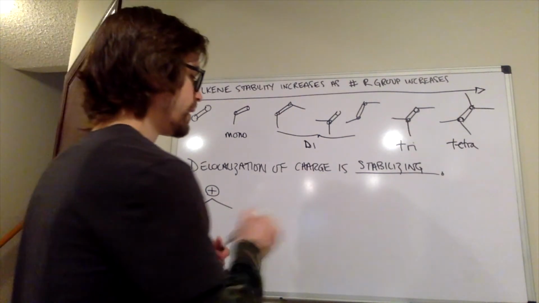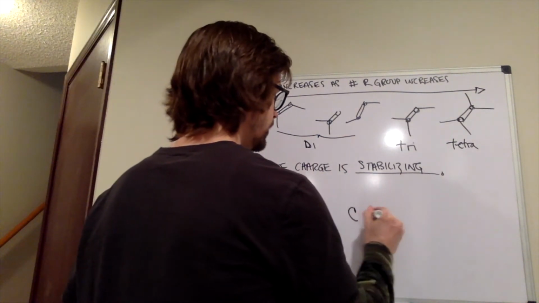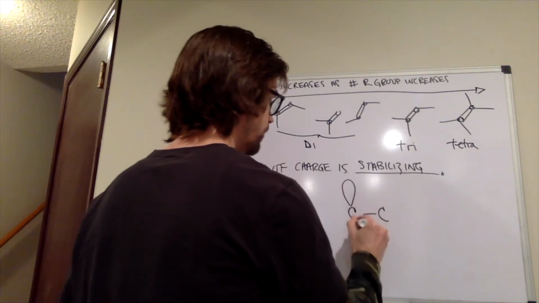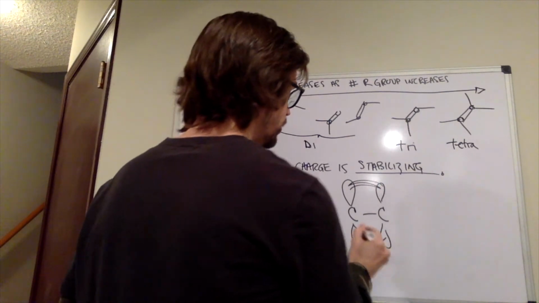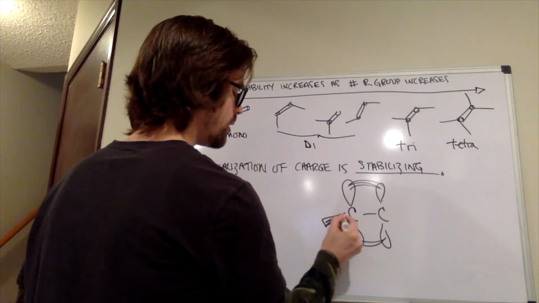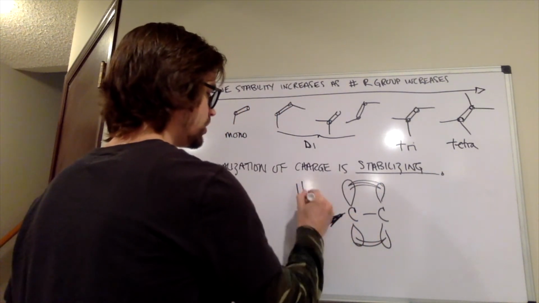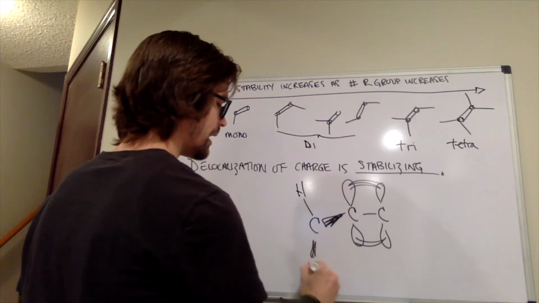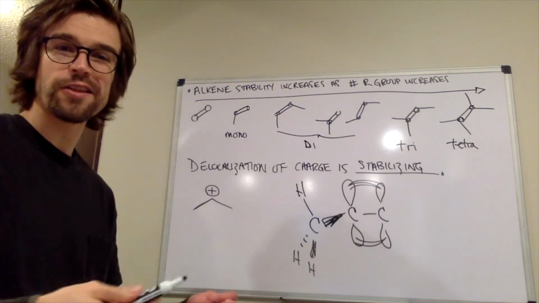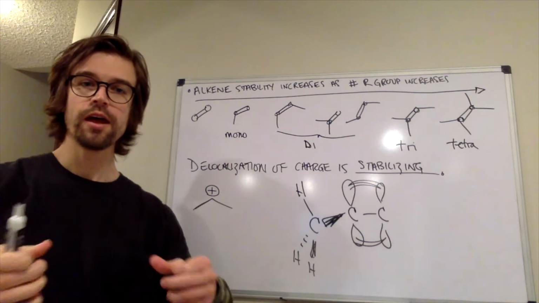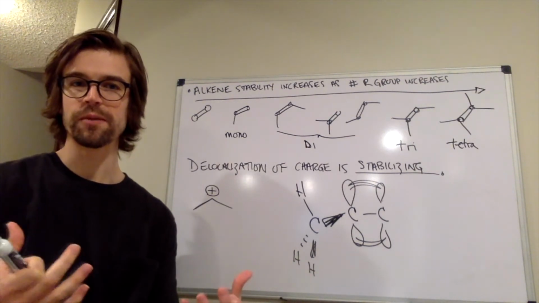If we had a CC pi bond and we have these p orbitals, essentially when we have a CH that lines up with those orbitals, even though it's technically a full orbital, all delocalization is pretty much a good thing.